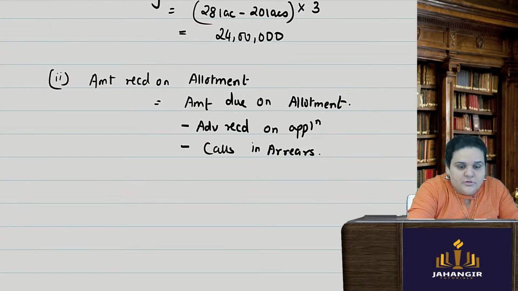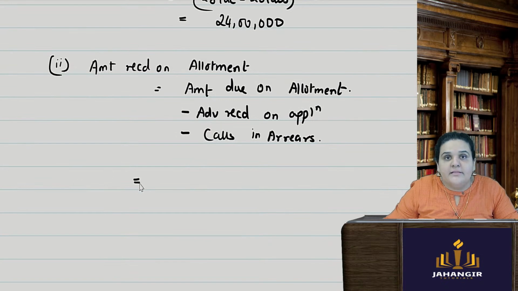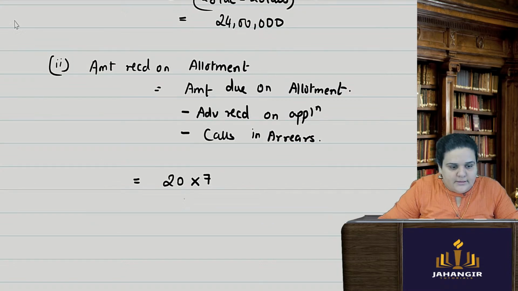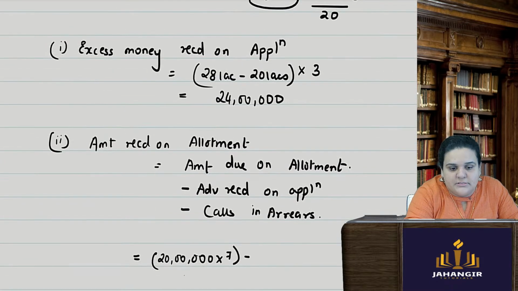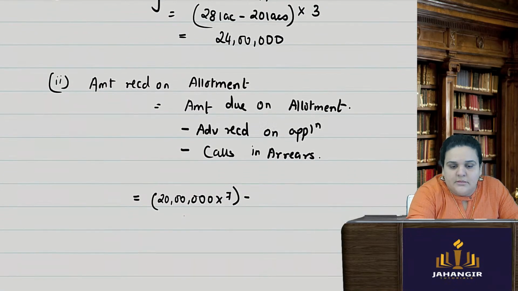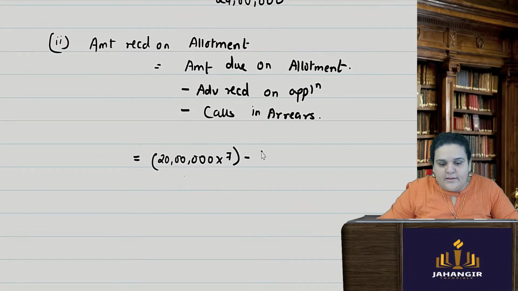So amount actually due on allotment is how much? On 20 lakh shares, the amount to be paid on allotment stage is 7 rupees. So 20 lakh shares, I should receive 7 rupees. Also, I have received some excess amount in the application stage, which I have to adjust here. So I already found out that 24 lakhs.